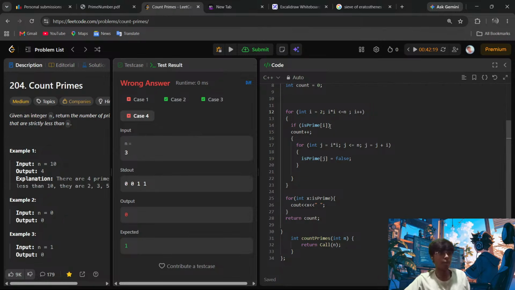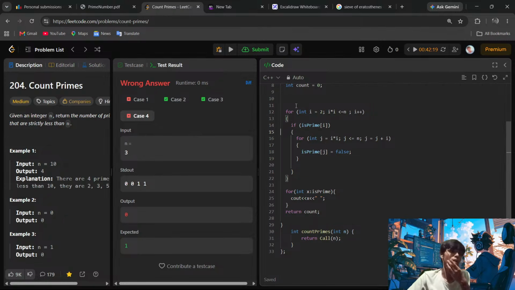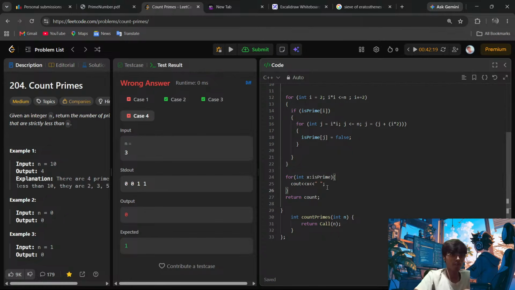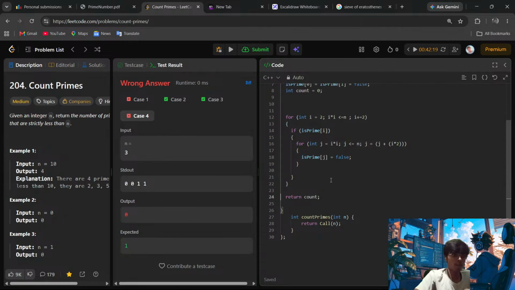So yeah, that's the problem. I will not count it here. So I will write that logic: I will take the jump of 2 and multiply it by 2, right? And I will calculate everything. After calculating, I will increase the count plus plus when I encounter that.